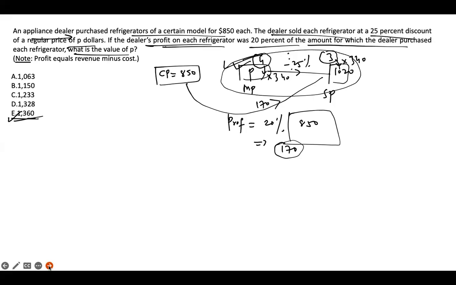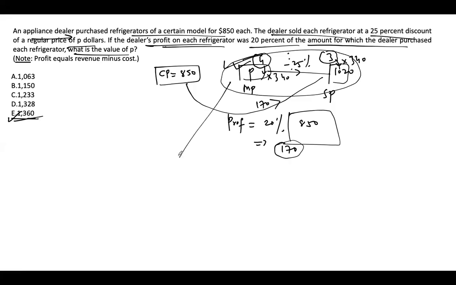You have a problem with base. Between marked price and selling price, what is the base? Marked price. So whatever I'm starting, I will start from marked price. In equation terms, it would be SP into 1 minus 25% equals mark price.